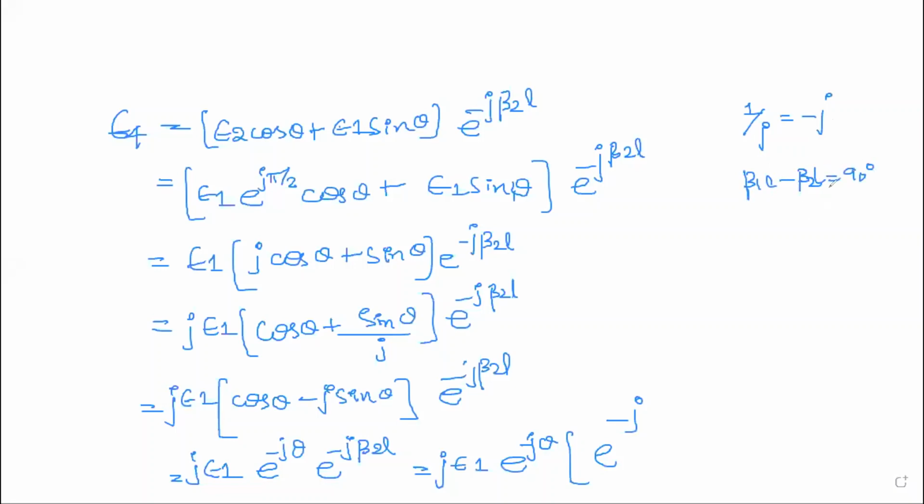Since I'm writing for beta 2 L, I can say beta 2 L is nothing but beta 1 L minus 90 degree. So substitute this here for beta 2 L as beta 1 L minus 90 degree. Tell me once you have written it down, and then we'll clear the screen and continue.